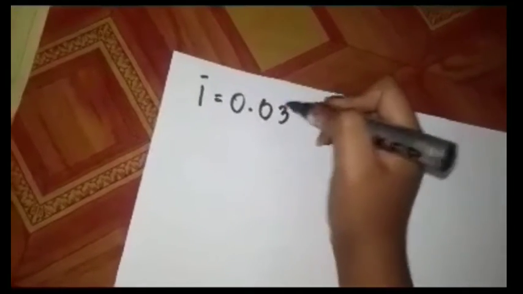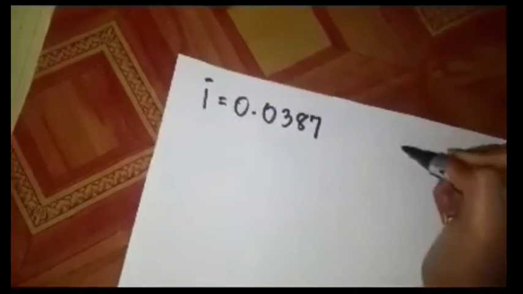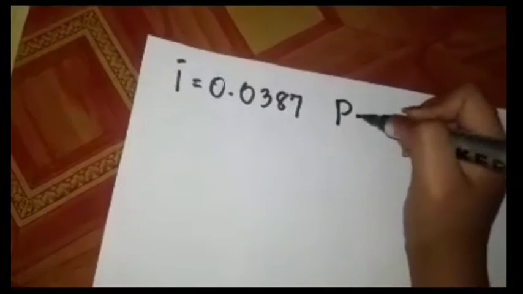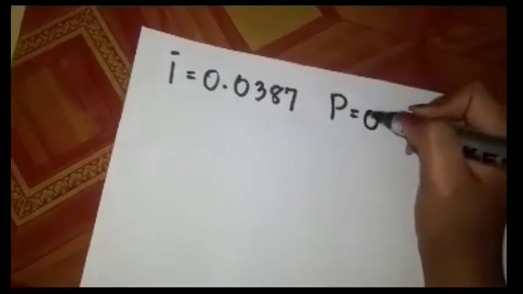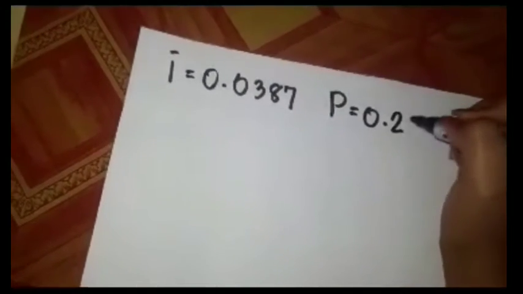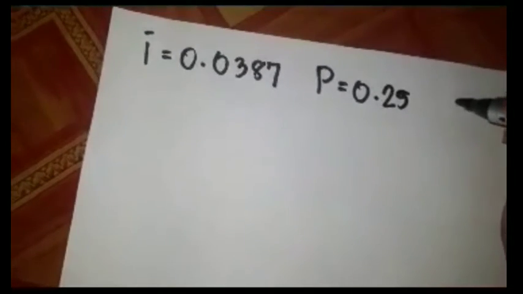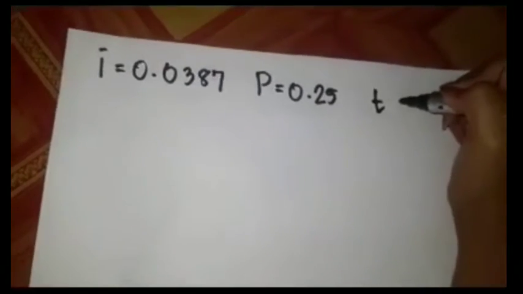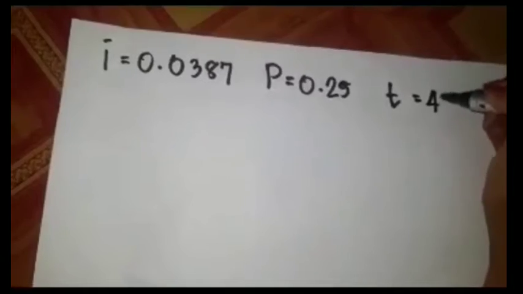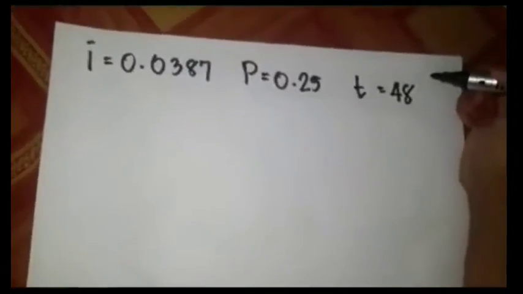So we have inflation rate 0.0387 and purchasing power 0.25 and T for the given number.